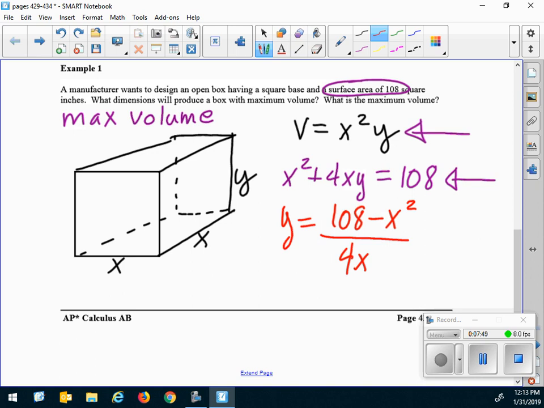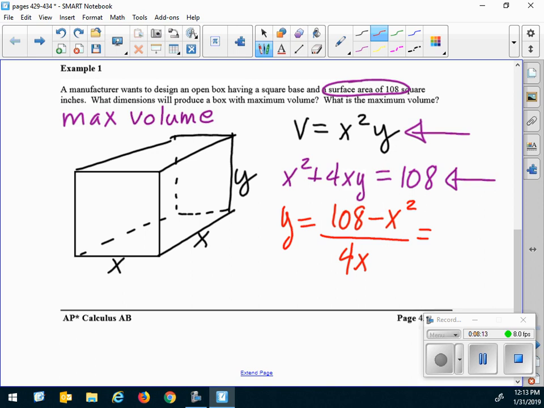You can, if you want, and I'm going to, simplify that. Remember, when you have a single term in the denominator and a numerator that's added or subtracted, you can split it into separate fractions. 108 divided by 4, that works out nice. What's 108 divided by 4? 27.